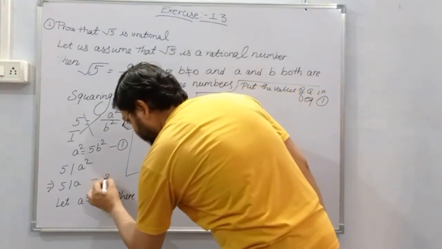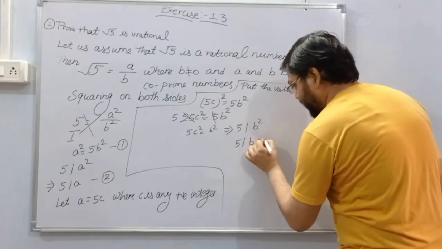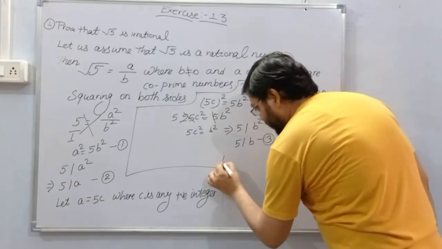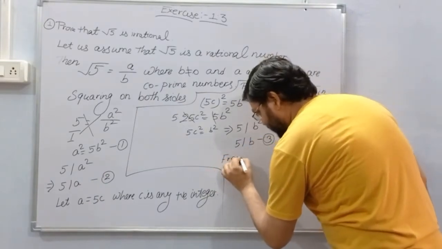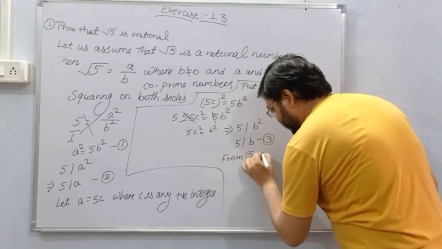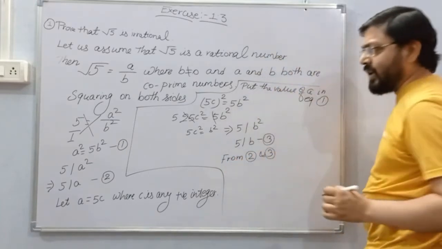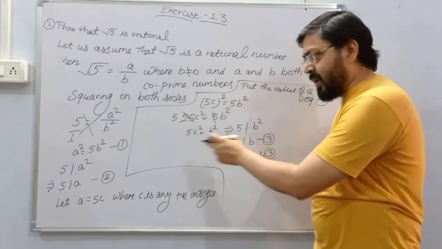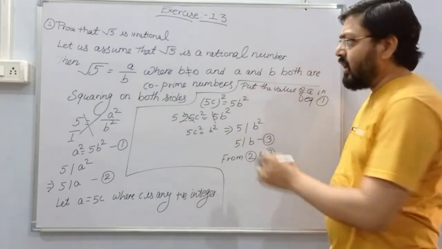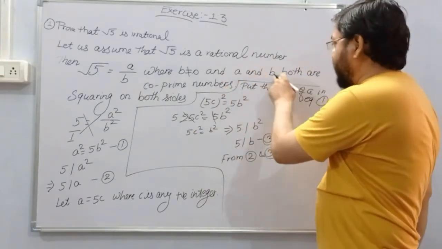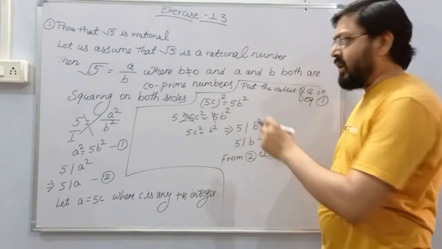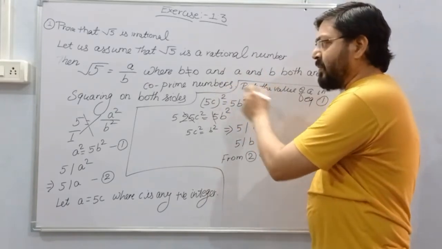From the second and third, what we get? 5 is a common factor between a and b. Here I wrote that a and b both are co-prime numbers, means the common factor between a and b is 1.